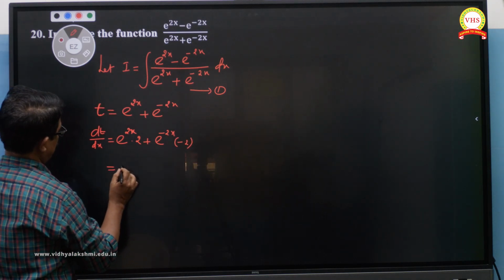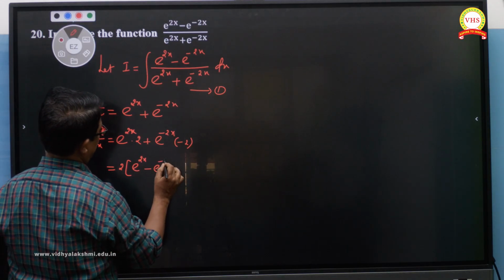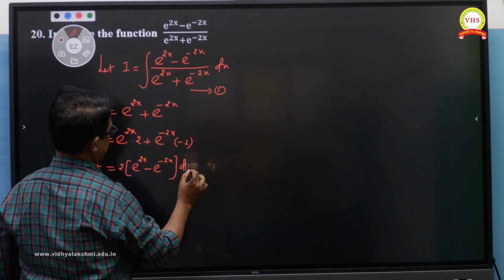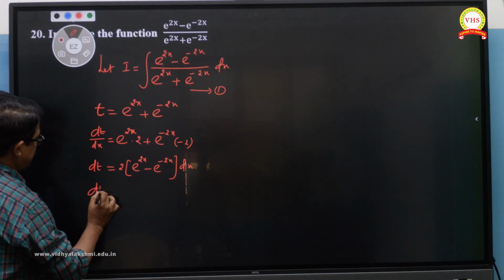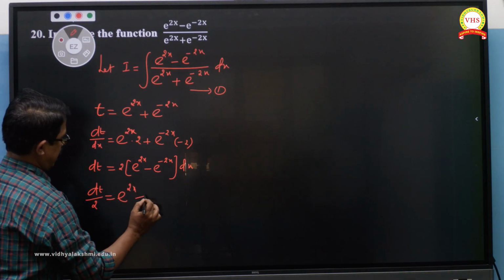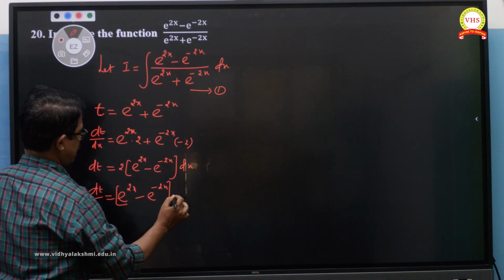I will take 2 commonly outside, that is 2 times (e^(2x) - e^(-2x)). Now taking 2 to the left side, dt/2 equals (e^(2x) - e^(-2x)) dx.